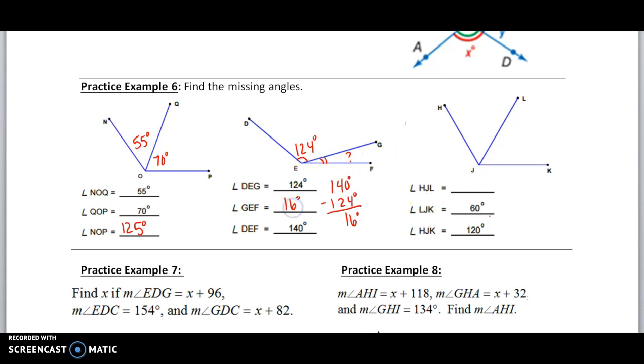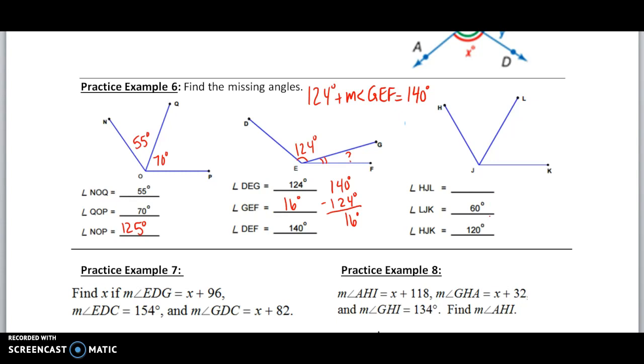Using the angle addition postulate, it's like saying 124 plus the measure of angle GEF equals the whole thing, 140 degrees. To isolate the measure of angle GEF, we subtract 124, and we get 16 degrees.